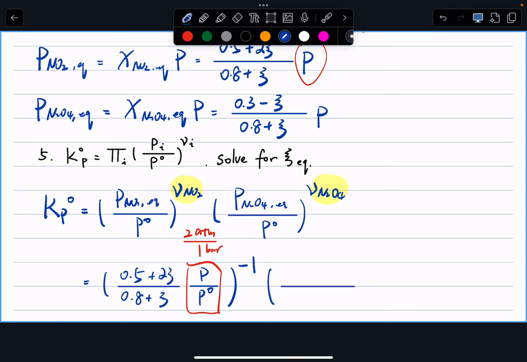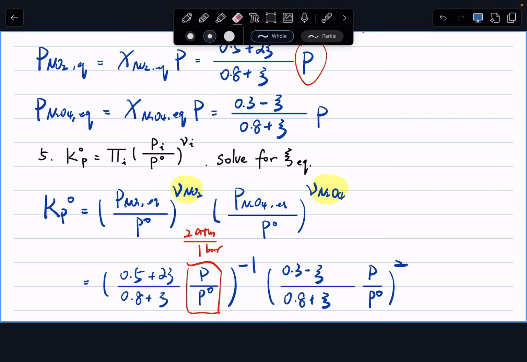And then here we have my 0.3 minus C over 0.8 plus C, likewise, times P over P naught to the power of 2. Or I think I got it wrong here. This should be 2 and this should be -1. Yeah, I was plugging the wrong number. Sorry for that. Yeah, so this is the product. This is the reactant.